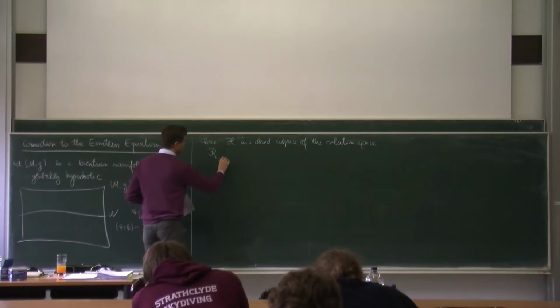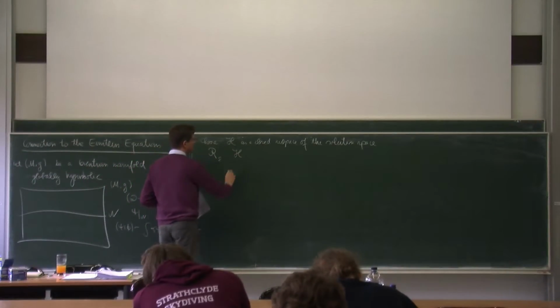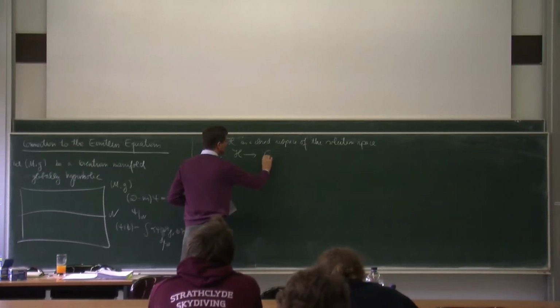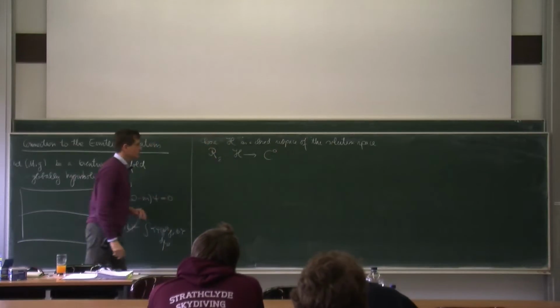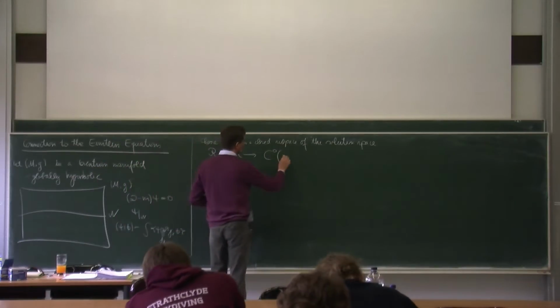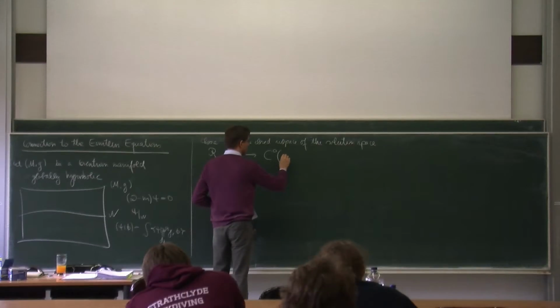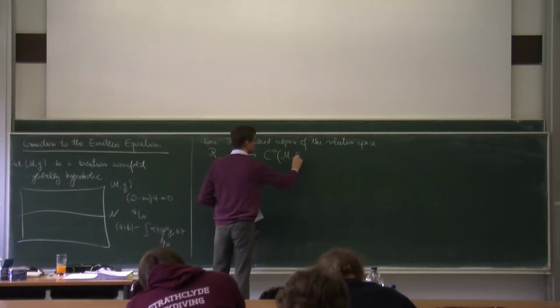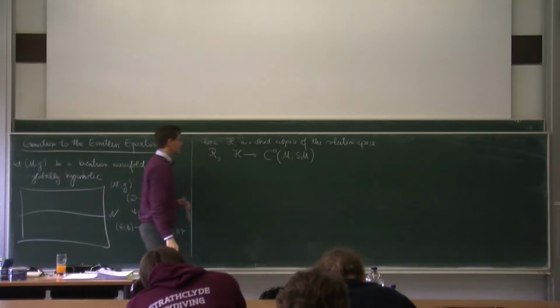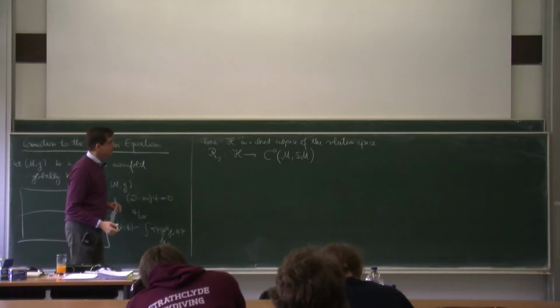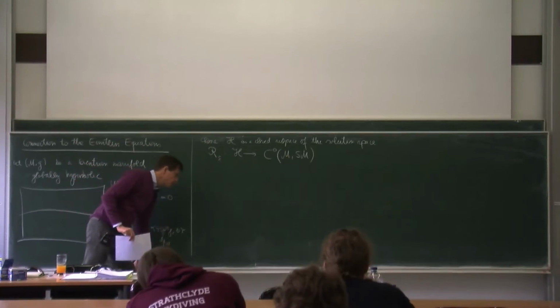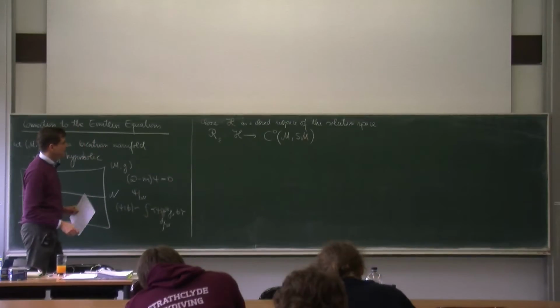Let's call them R epsilon. These are mappings now from H to the continuous sections of the spinor bundle, to the continuous wave functions, with some additional properties similar to the way we did it on Tuesday.